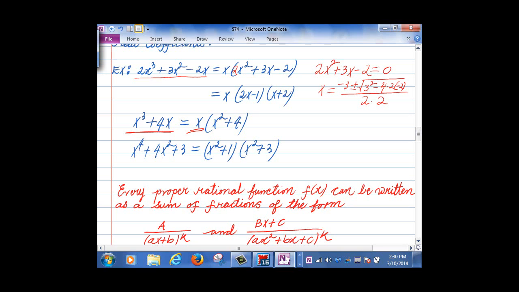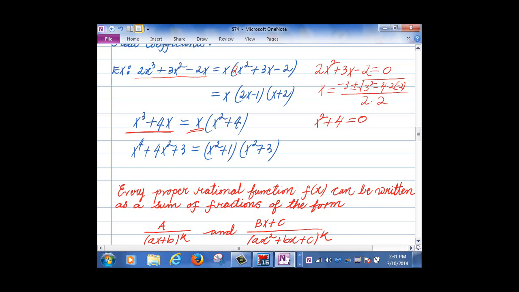Once I take out x, I get x squared plus 4, right? I ask myself, is this irreducible or reducible? Can I factor it? Well, if I look at the equation x squared plus 4, do I have to apply the quadratic formula to know if there is a solution? Obviously there is no solution.